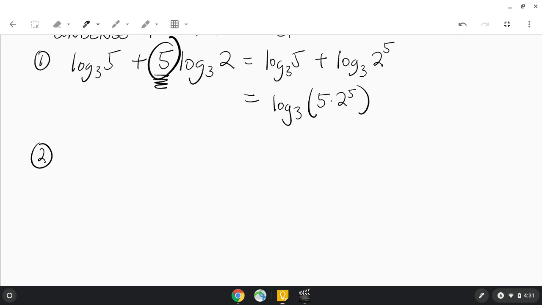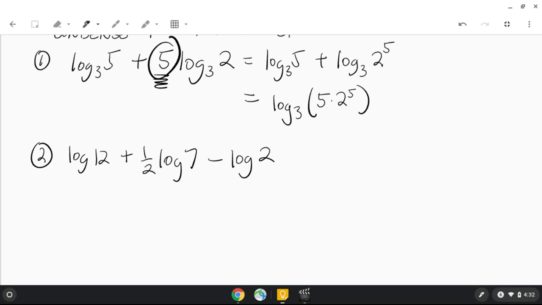All right, let's have a look at this one. Log base, that's base 10, no bases, base 10. So log 12 plus 1/2 log 7 minus log 2. All right, so we do have one number out in the front. That's this one over here.